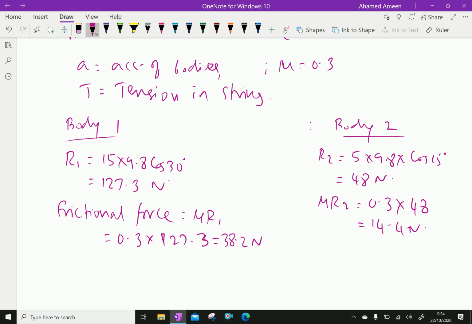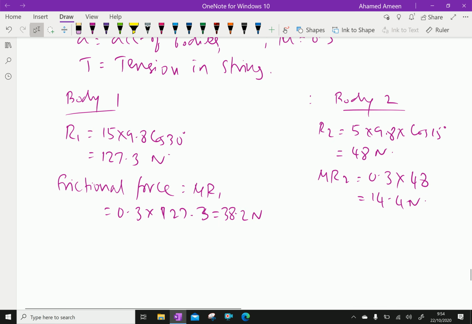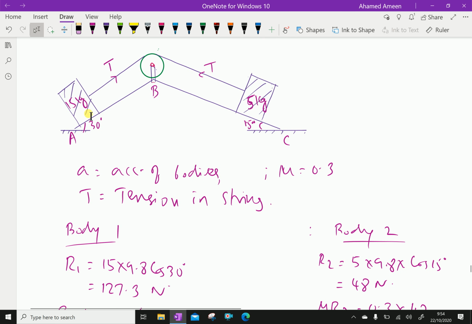Now the resulting force on body 1: the body comes down, so the weight component acts this side, tension acts this side and frictional force acts this side.